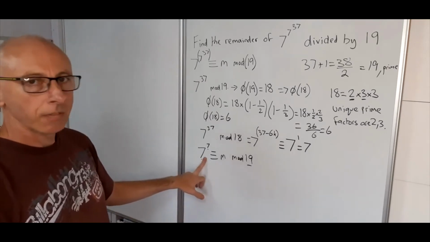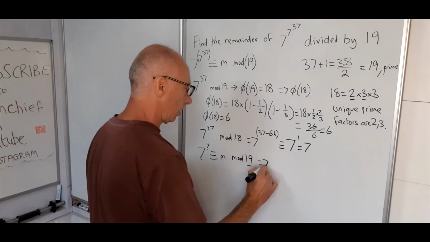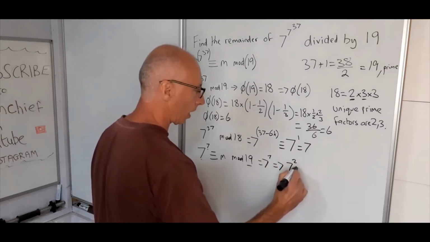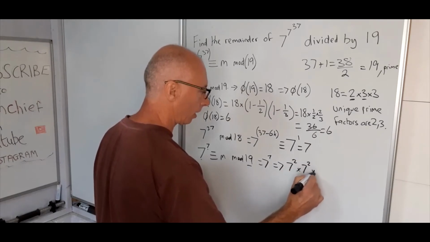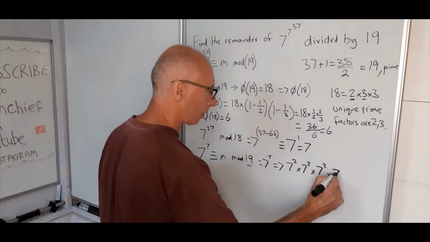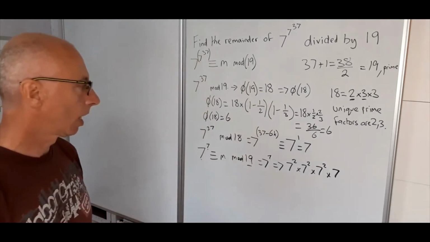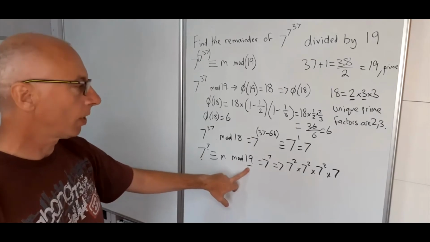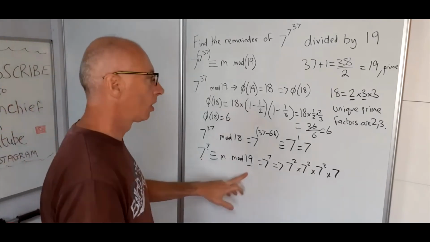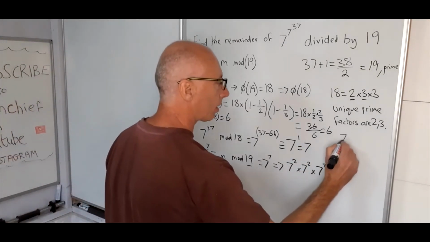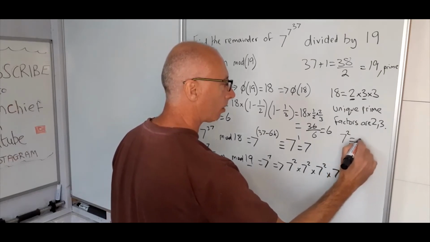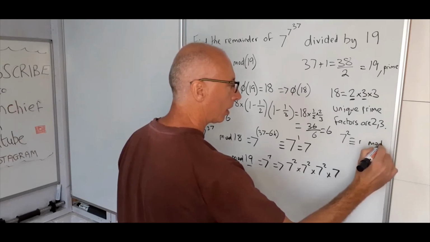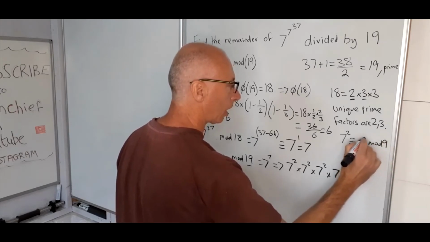So let's break down this 7 to the power of 7. We can say that that is 7 squared times 7 squared times 7 squared times 7. Now, we can find out what 7 squared is modulo 19. That's going to be really helpful. So 7 squared mod 19 equals some number r.